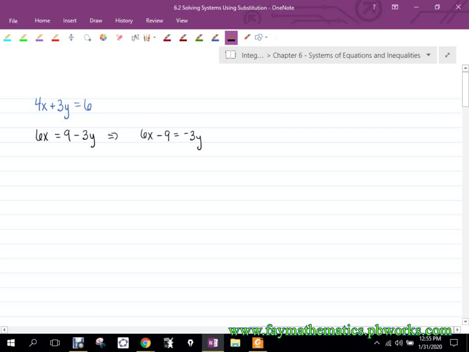If I divide everything by negative 3, that's going to give us negative 2x plus 3 equals y, right? Can I take that y now and substitute it in right there?